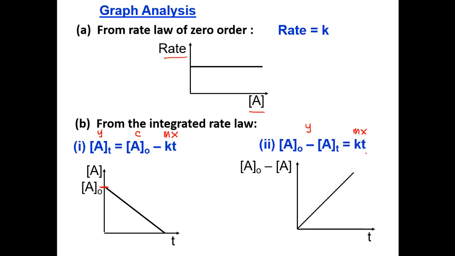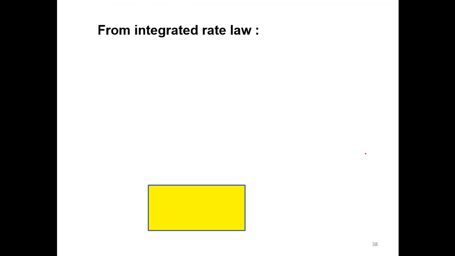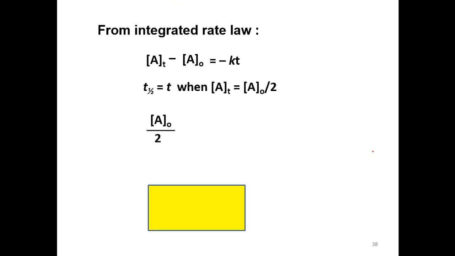Okay, next kita tengok half life equation pula. Half life equation senang sahaja. Apa kita buat? Half life tu maksudnya concentration asal jadi separuh. So concentration at time t ni akan jadi separuh daripada concentration asal.